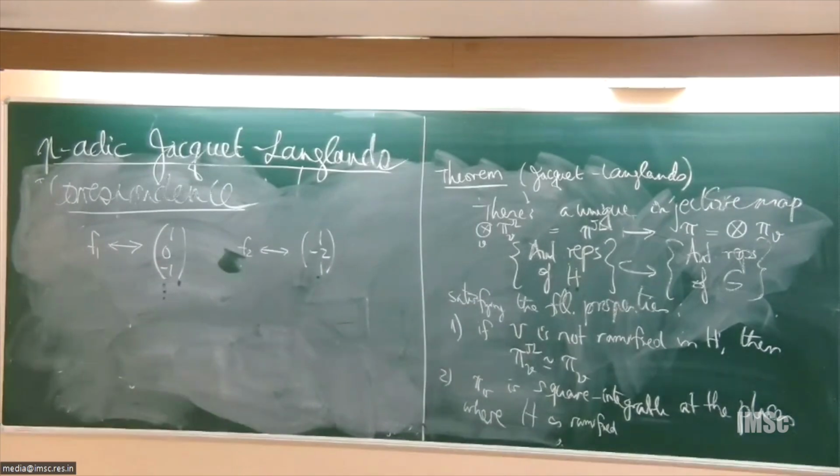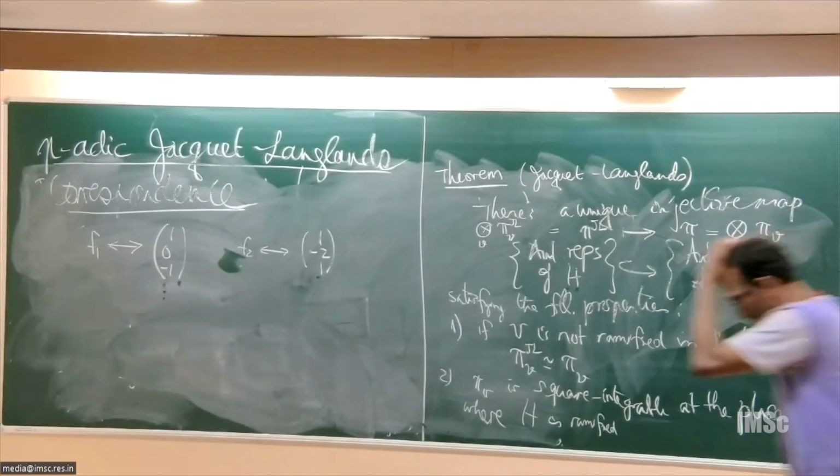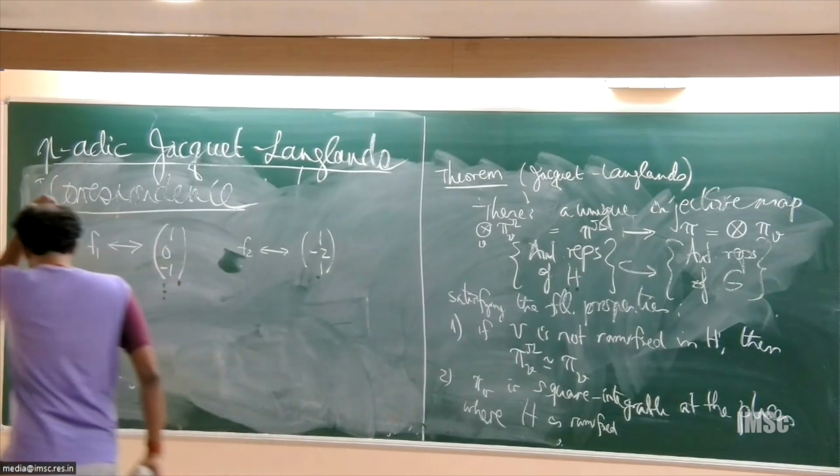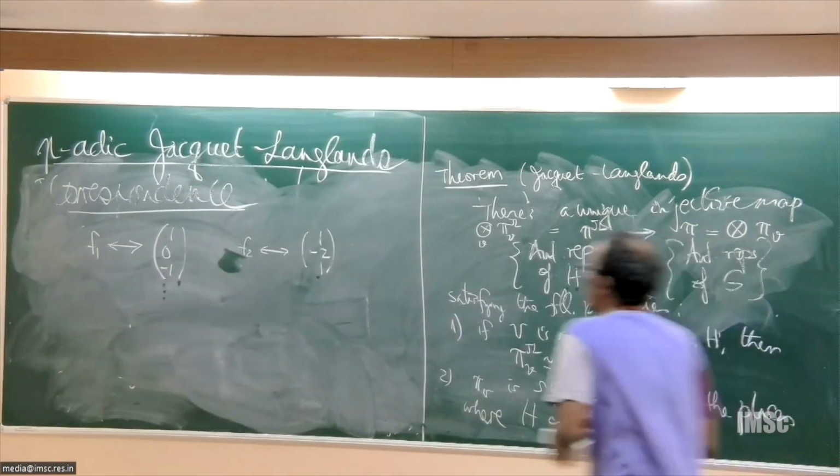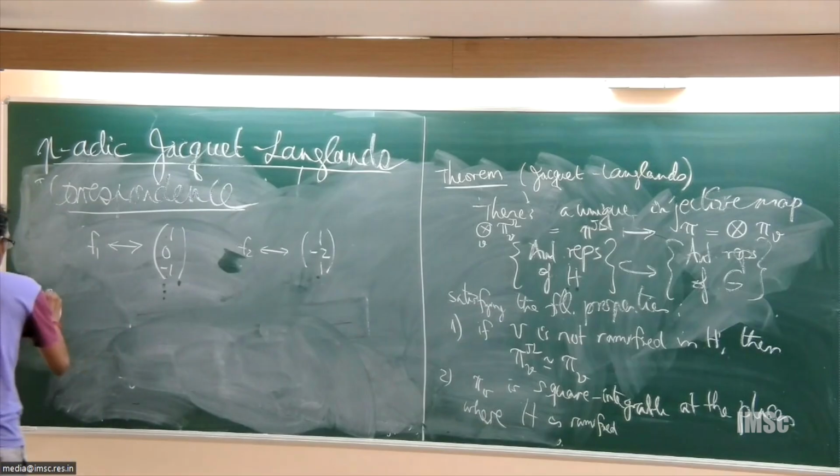Now I want to pose the problem that was posed to me by my advisor. It's as follows. Take a weight 1 form on GL2. So here's the problem.